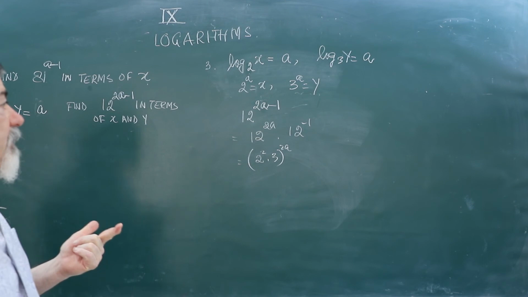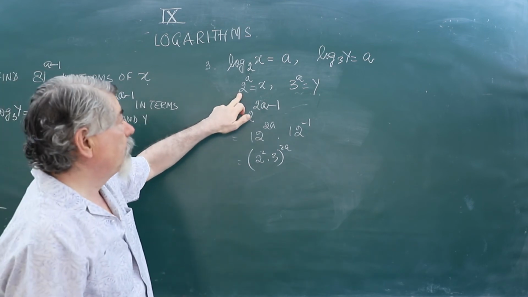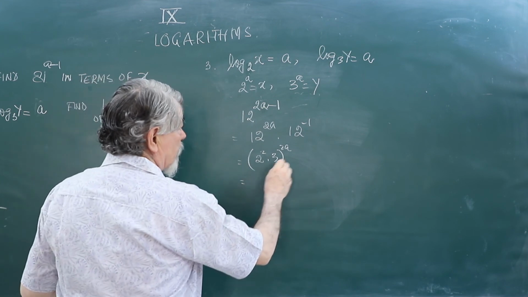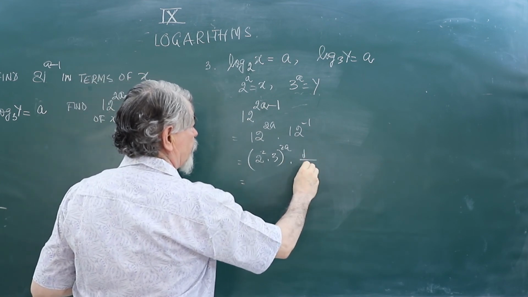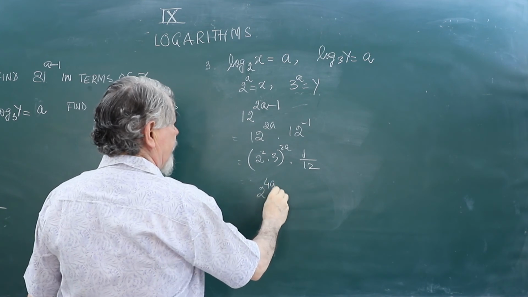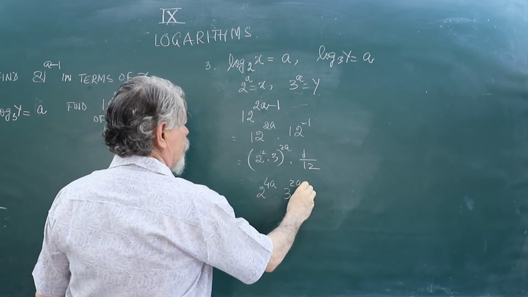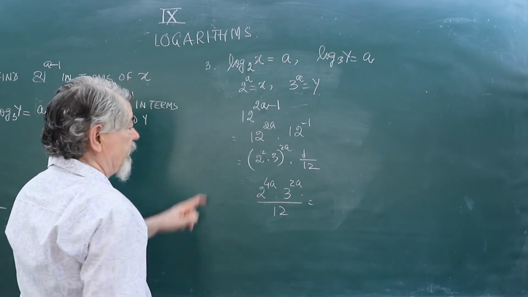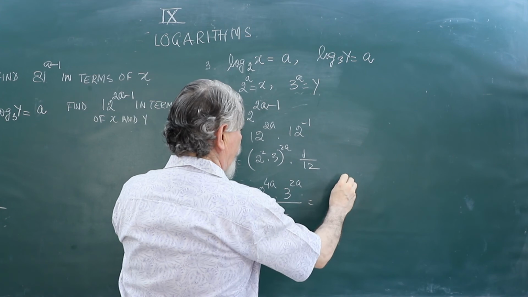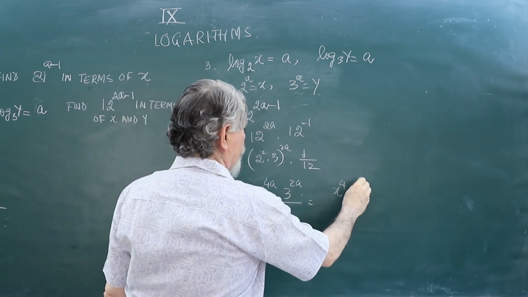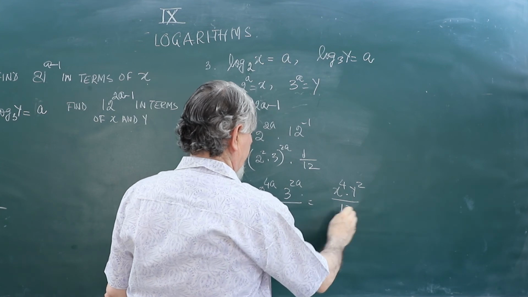We will express it in terms of 2 and 3 because I have got 2 to the power a and 3 to the power a. So it will become, and 1 upon 12 here, 2 to the power 2a and 3 to the power a upon 12. 2 to the power a is x, so it is x squared. 3 to the power a is y, so it is y upon 12.